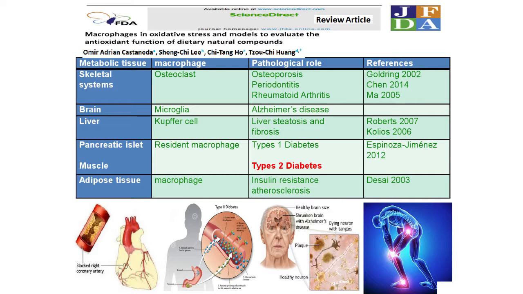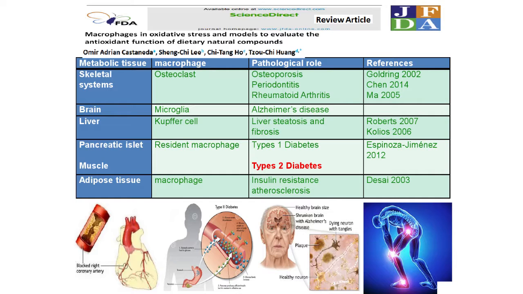Most of the in vitro methods measure the number of hydroxyl groups only, or the radical. In this review, you can find out in the cell system the major cause of Alzheimer's disease.